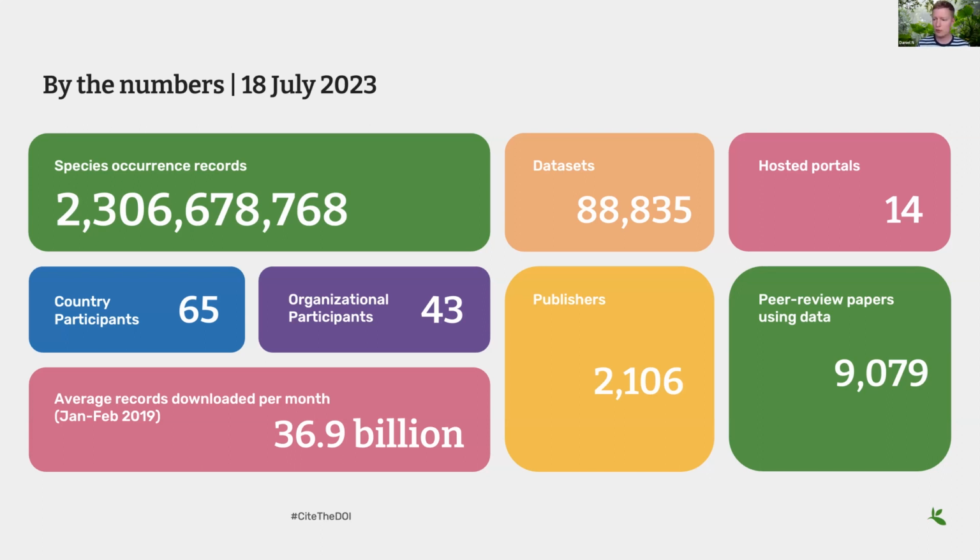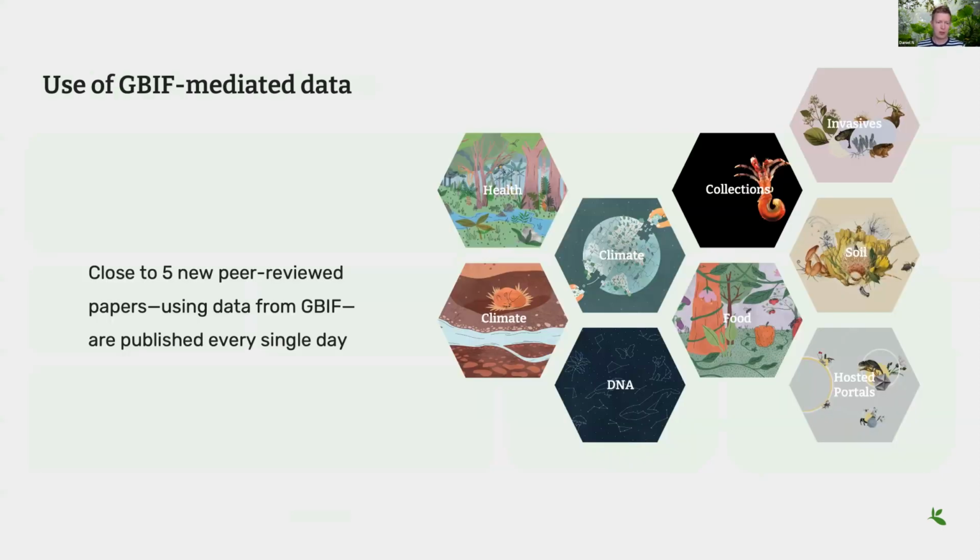GBIF data gets used a lot, and yesterday we were up to about 9,000 confirmed cases of use of GBIF data in peer-reviewed papers. So data gets used across a variety of different topics, including human health, climate change, invasive species, food and agriculture, and so on.